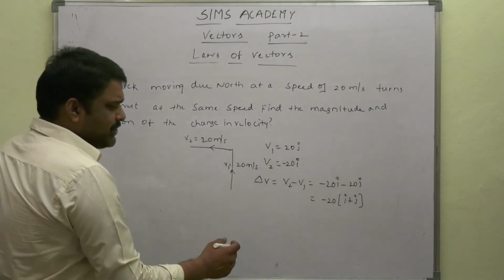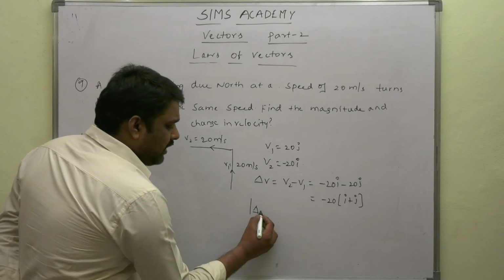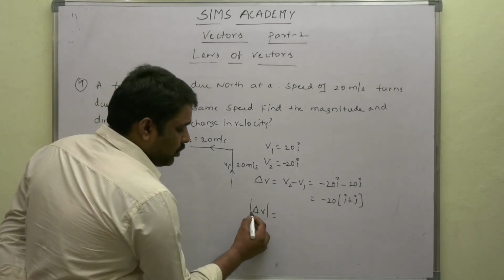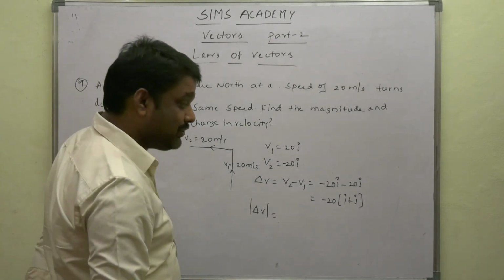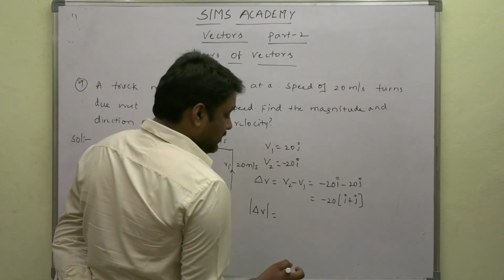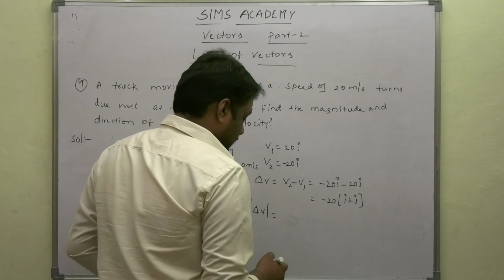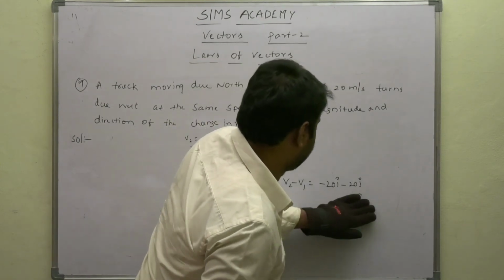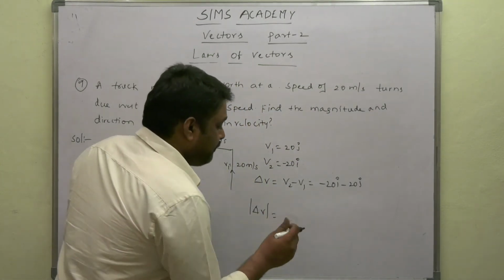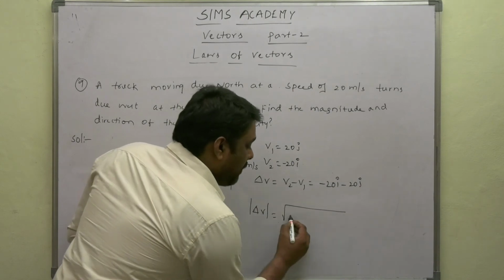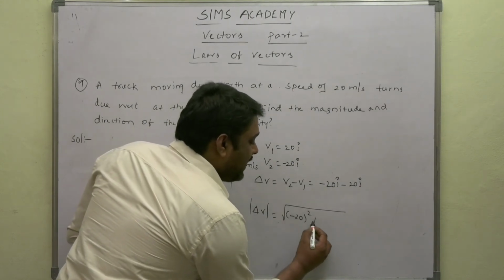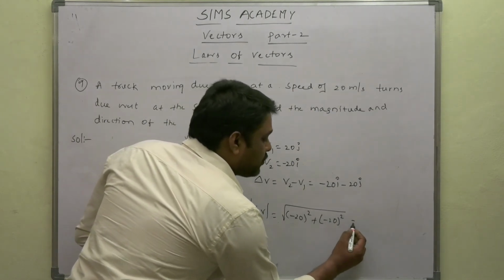Then what is the magnitude of that one? Delta V equals, we know how to calculate the magnitudes, right? This is minus 20. Okay. Let us not make this one complicated. Under root of minus 20 whole square plus minus 20 whole square.